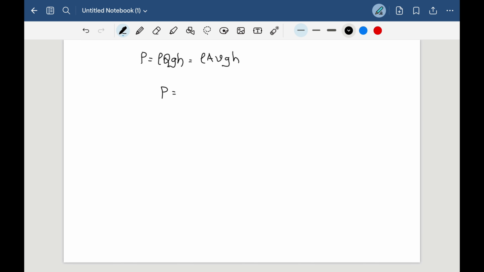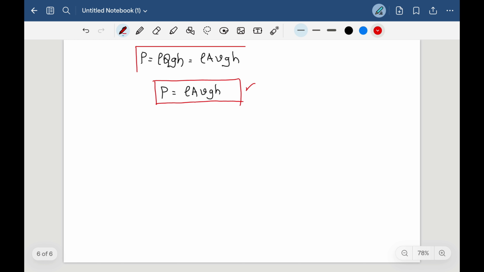Power is equal to rho AV GH. This is also one of the most important equations. One is rho QGH, another is rho AVGH. This AV is nothing but Q.